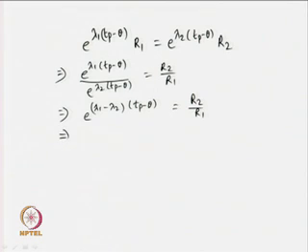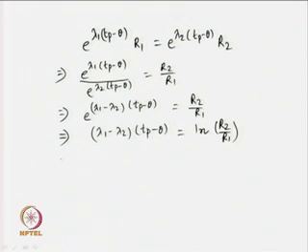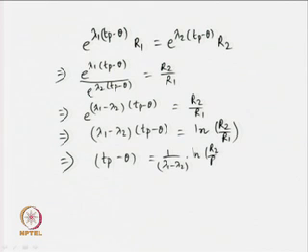So, if I take the natural logarithm of both sides, we are left with (lambda 1 minus lambda 2) times (Tp minus theta) is equal to ln of R 2 upon R 1, which further gives us Tp minus theta is equal to 1 upon (lambda 1 minus lambda 2) times ln of R 2 upon R 1.